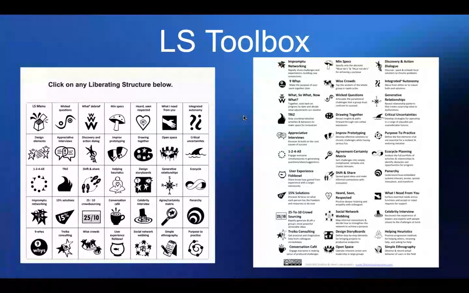We also have here the Liberating Structures Toolbox that we will be diving deeper into with Jeremy. Basically, these are different tools and different social dynamics that you can apply to try to reach a certain outcome, to try to have an intentional action within these dynamics.